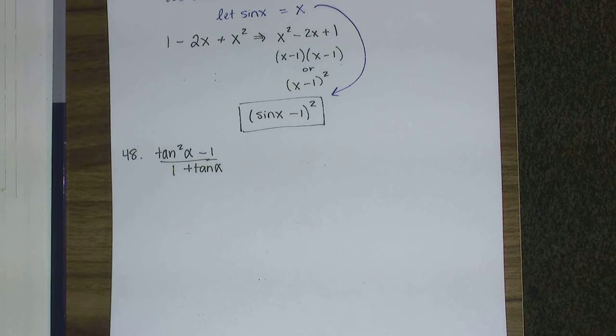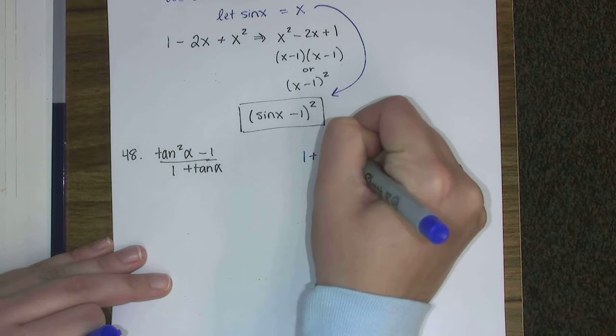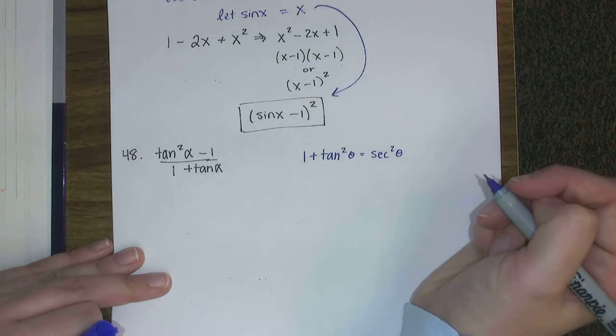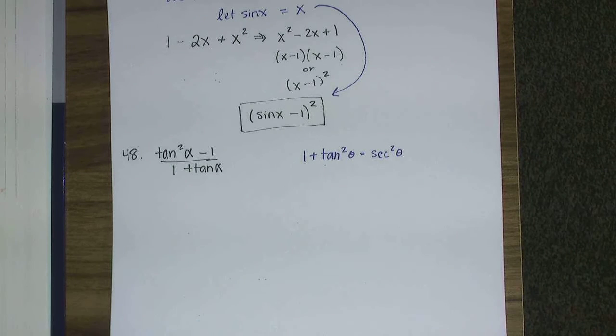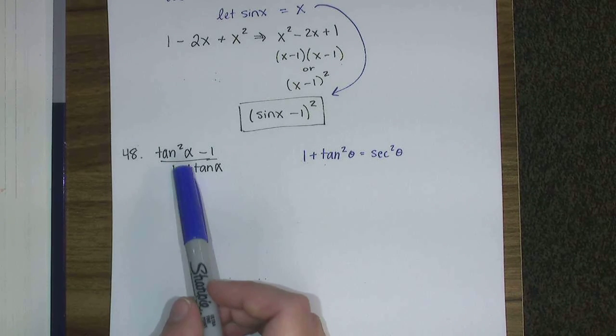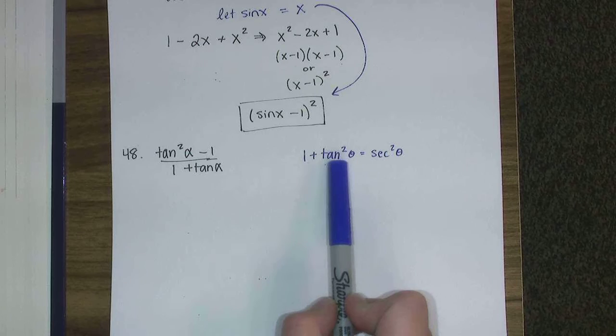Now, does this identity work here? Well, I have tangent squared minus 1, and this one is tangent squared plus 1. So maybe that's not going to work for this one. The identity is not going to work for that one.